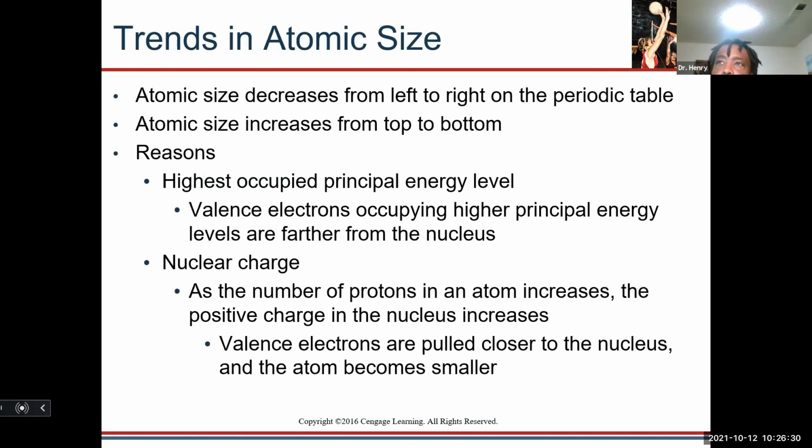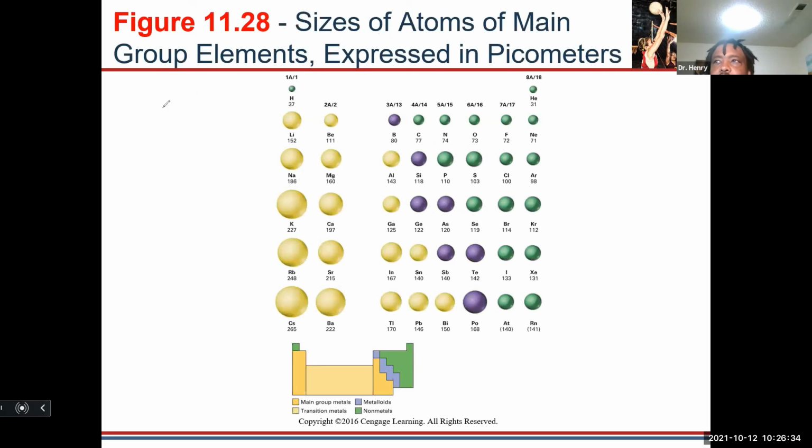Okay, so we've talked a little bit about size, right? So I told you, as we go down, it's going to get bigger, right? As we go across from left to right, it's going to get smaller. Okay, now the reason it gets smaller is because of the center of the atom. The center of the atom has all the protons in it.